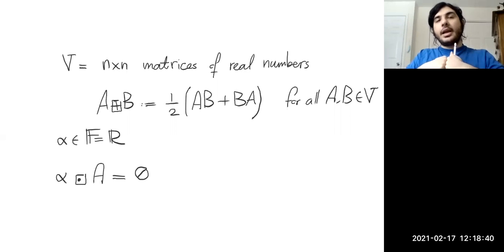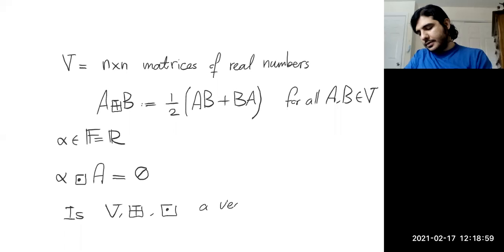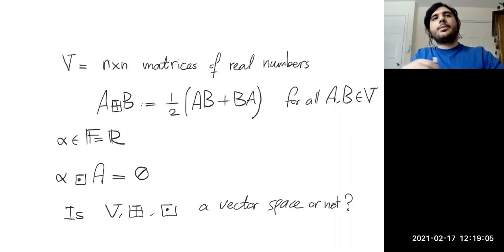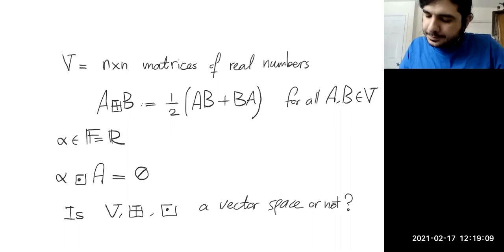And again, the question is: is V with these new definitions of addition and scalar multiplication a vector space or not? Think about this one again for 1 or 2 minutes.